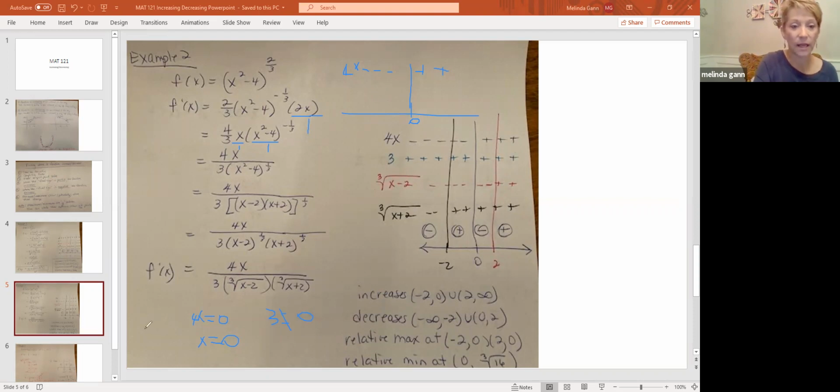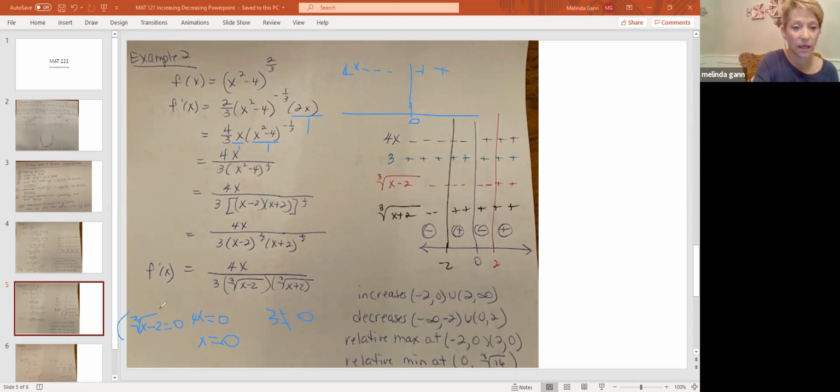Well, then I went and did the cube root of x minus 2 is 0. Now, how do I get rid of that cube root? All right, wouldn't you have to cube both sides?